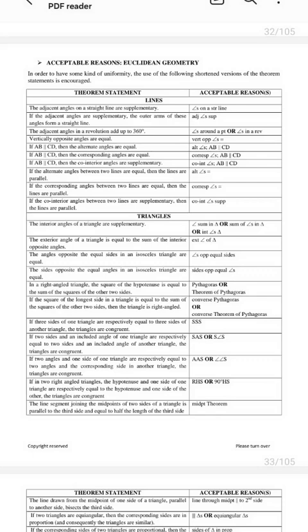Then the last two that I'm just going to stop at. The fifth one says in a right angled triangle, the square of the hypotenuse is equal to the sum of the squares of the other two sides.